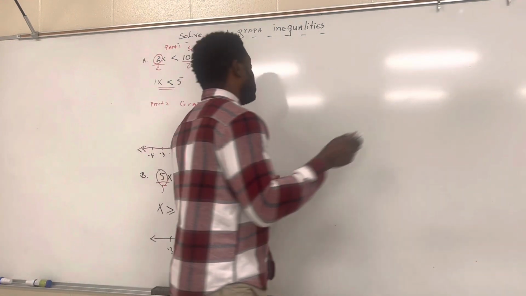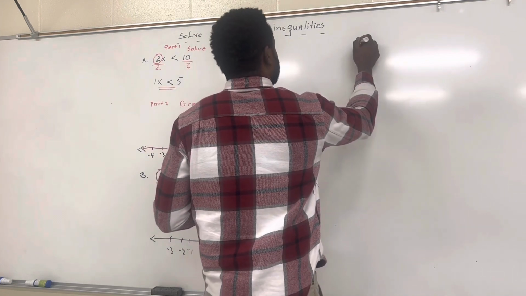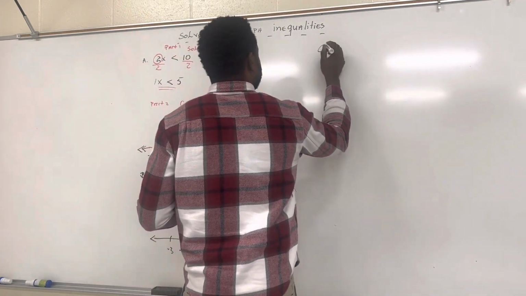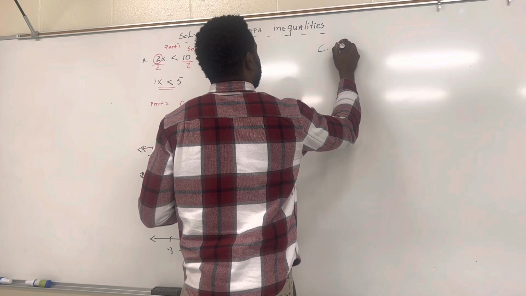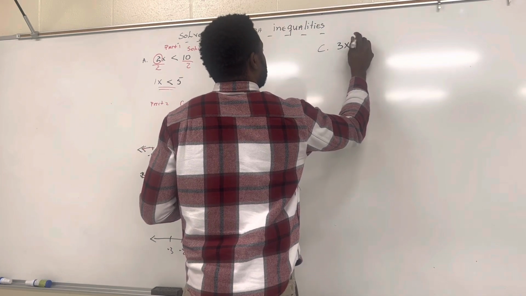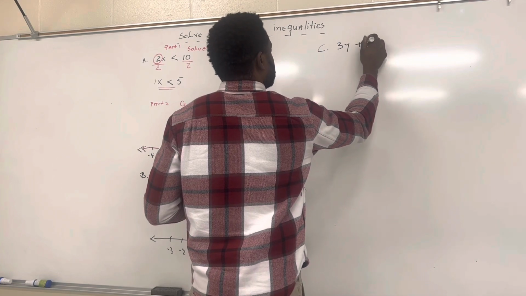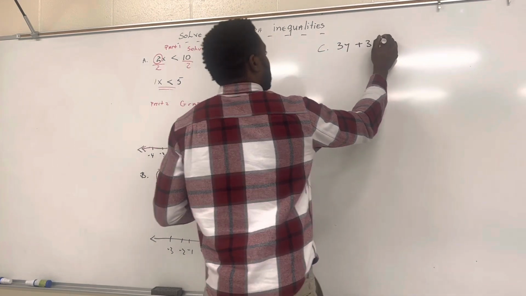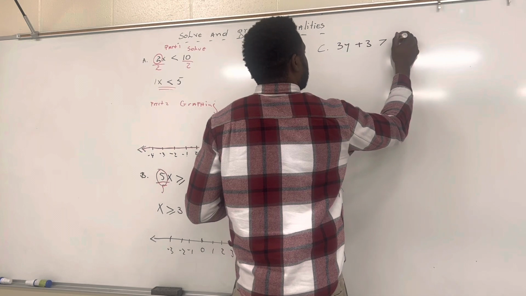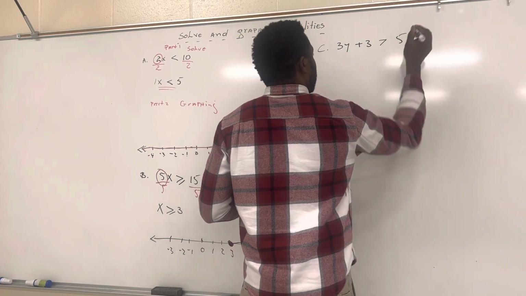So let's do one with 3 steps. Let's do C over here. Let's say that we have 3x. Let's choose a different variable. Let's put 3y plus 3, greater than 5.